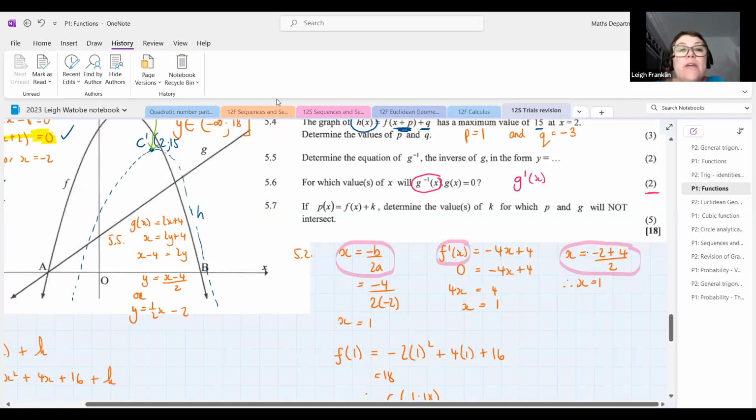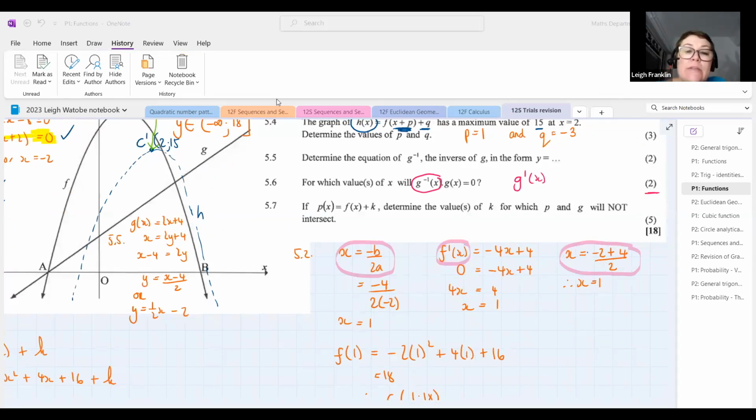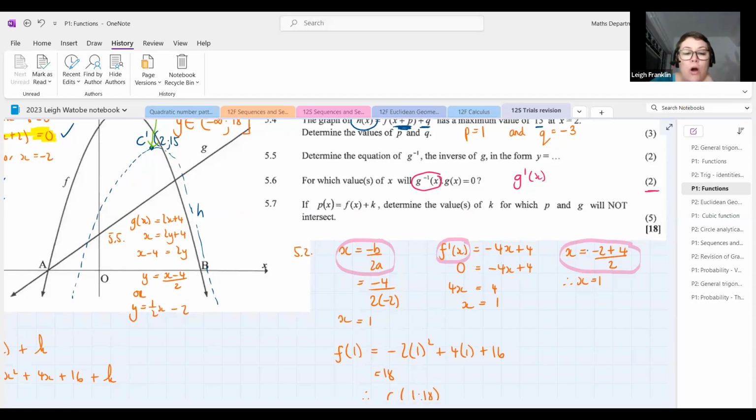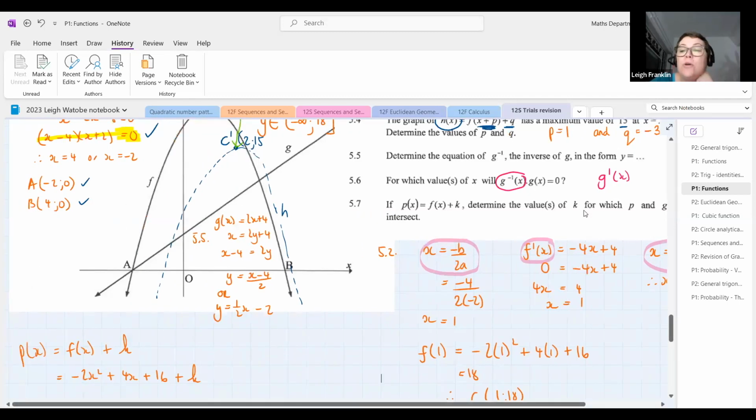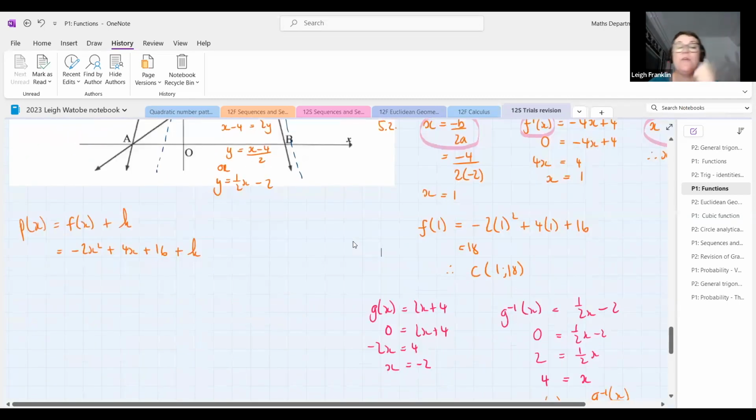So when they say not intersect, they want us to do an algebraic solution, and they want us to do nature of roots. When two graphs or two lines do not intersect one another, we would say that the roots are non-real.